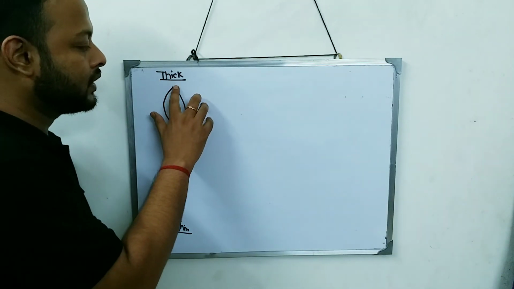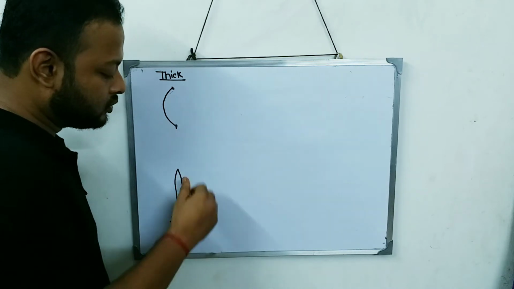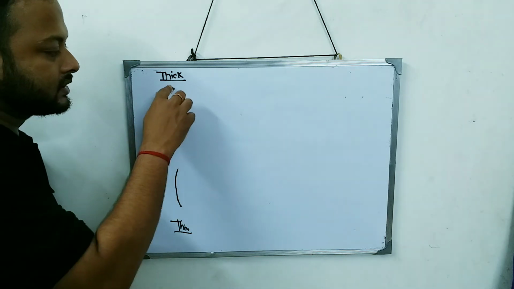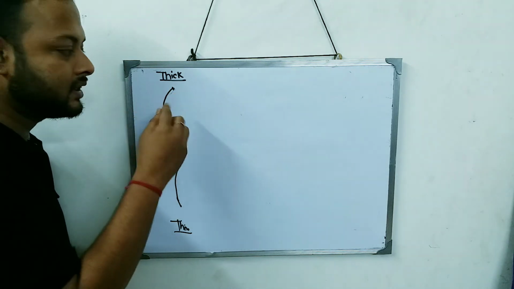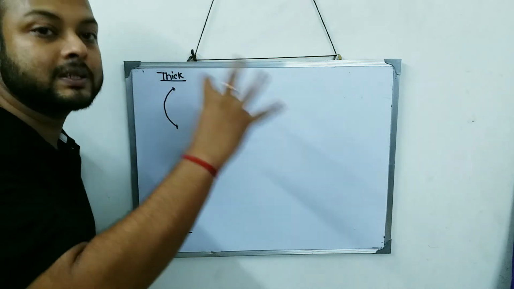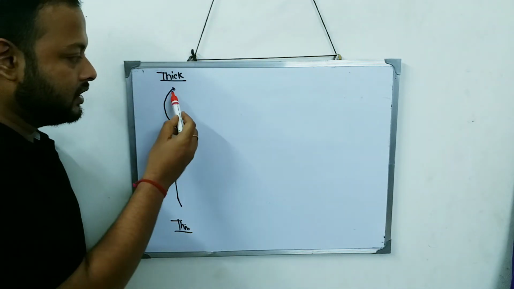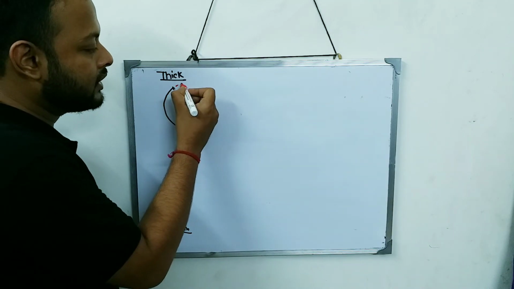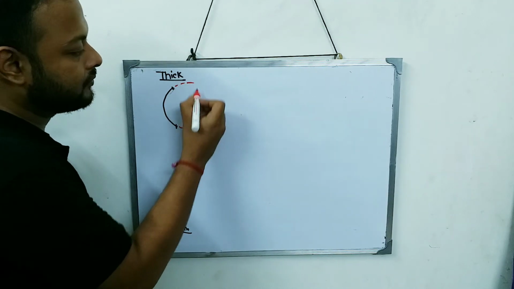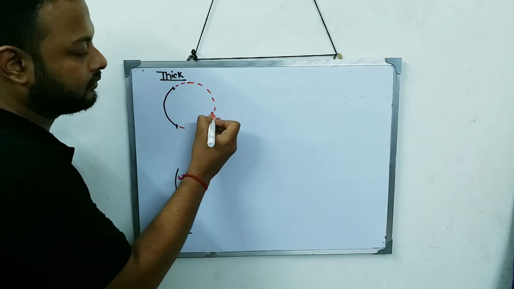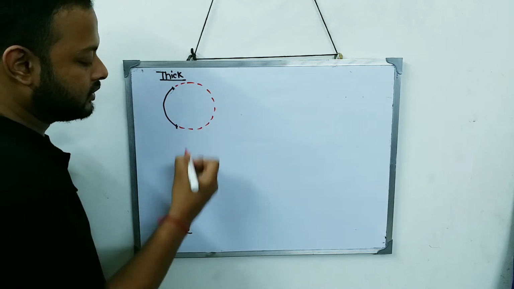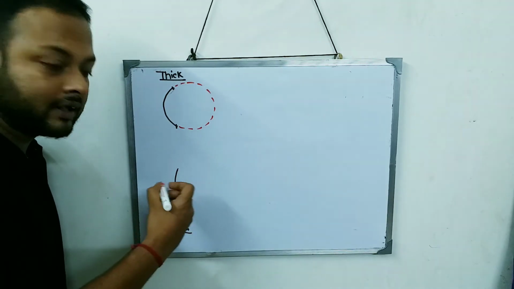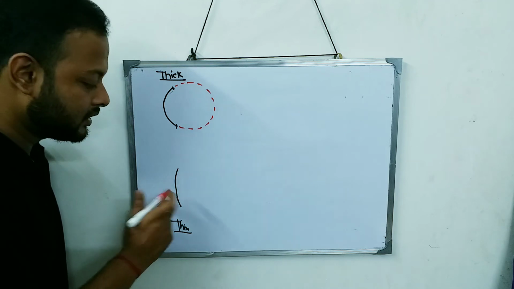Suppose I remove one surface, and also I remove one surface from here. Suppose this surface is a spherical surface which is a part of a sphere. Now if I draw the entire sphere, this looks like this. If I happen to draw the entire sphere for this spherical surface, what will it look like?